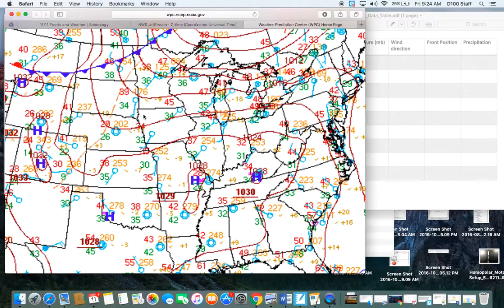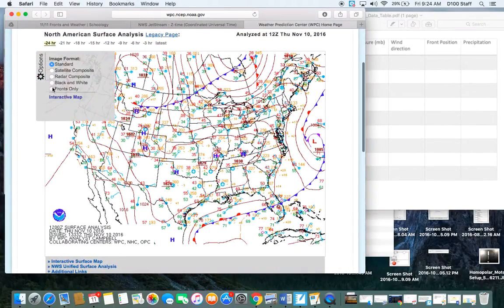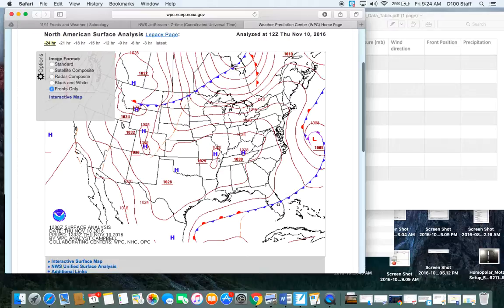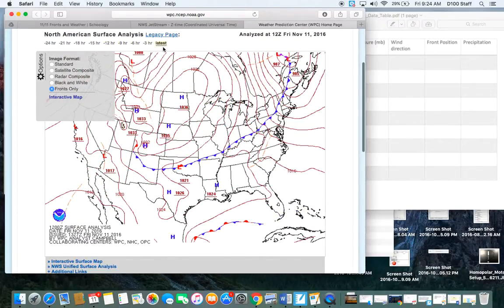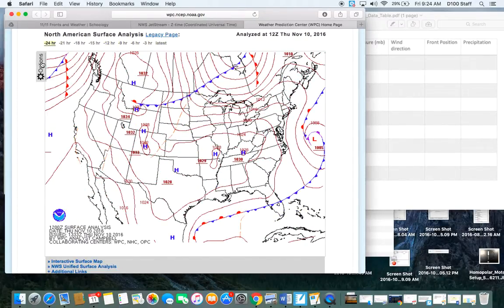Okay, our front position, and we can go back to the fronts only view if that's easier. Notice that cold front coming through Berwyn. At this time, that front is to the north and the west of us, or just straight north if you want to put.